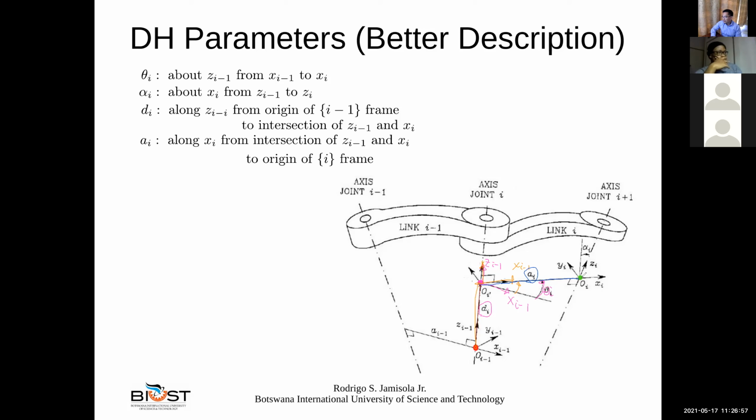So now your ZI, okay, parallel, that is parallel and this is parallel. That is your ZI minus 1. And then your XI is in that direction. There you go.